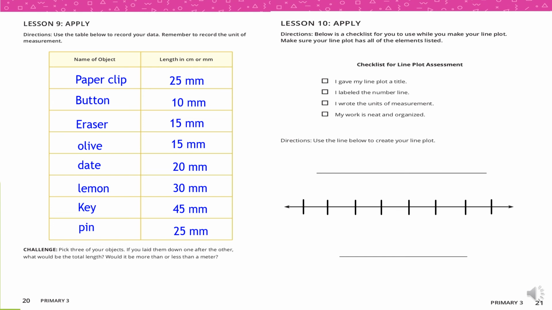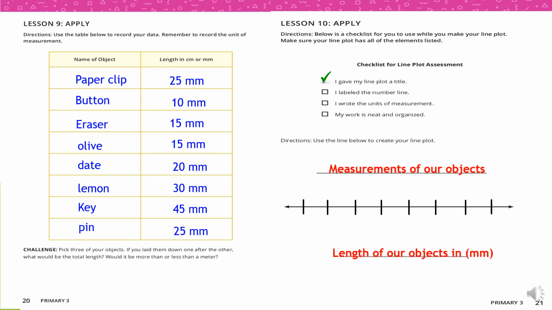Lesson 10, we will take these values and create our line plot, and we will check if we answered all the questions. First, we will write the title. We are here measuring our objects, so the measurements of our objects, and we will write the sign: I gave my line plot a title.